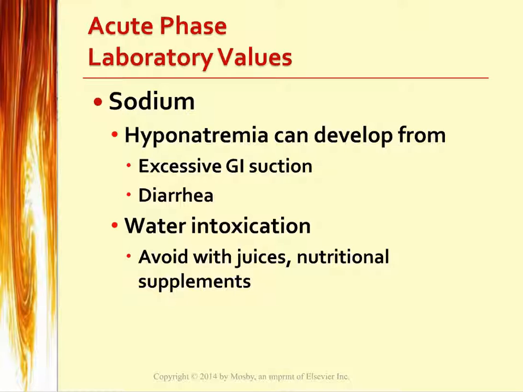The manifestations of hyponatremia include weakness, dizziness, muscle cramps, fatigue, headache, tachycardia, and confusion. The burn patient may also develop a dilutional hyponatremia called water intoxication. To avoid this condition, the patient should drink fluids other than water, such as juice, soft drinks, and nutritional supplements.